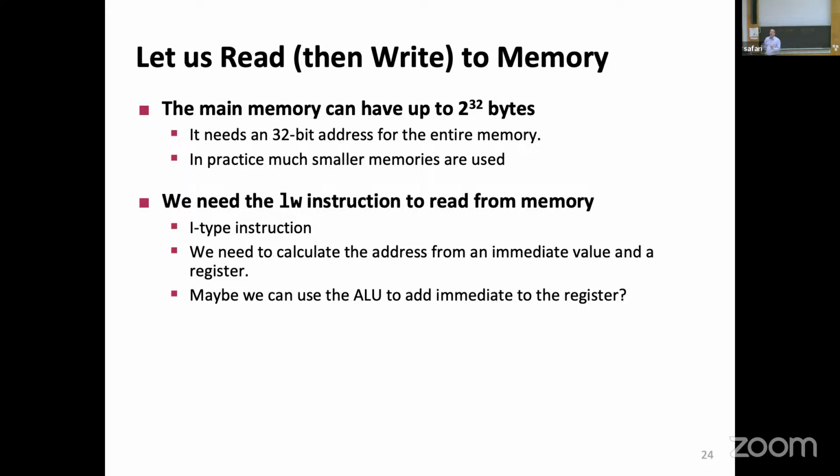And where do I find the data? Well, the data comes out of this register, but not only the register, plus this constant. Now I realize that I need to generate this 32-bit address here. I can read out the register, but it's not only the register. It's the register plus some constant.